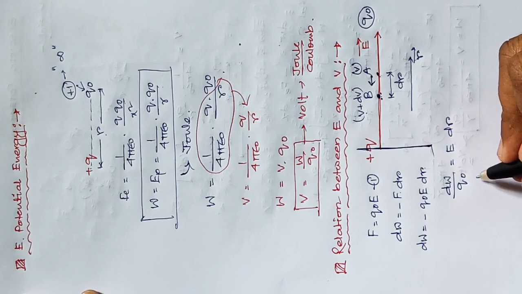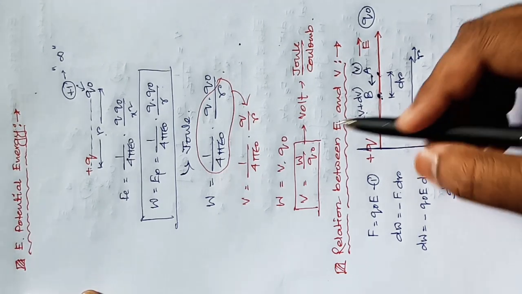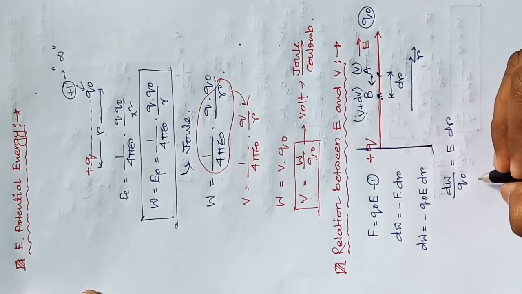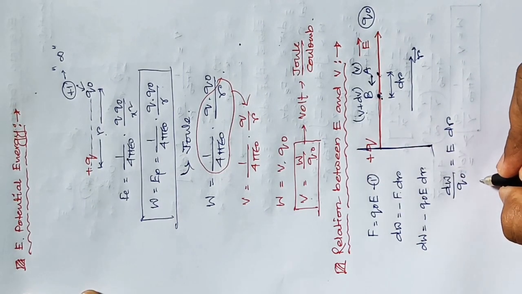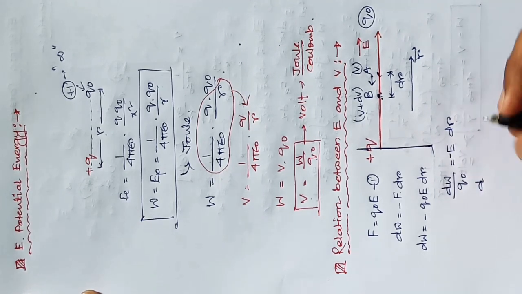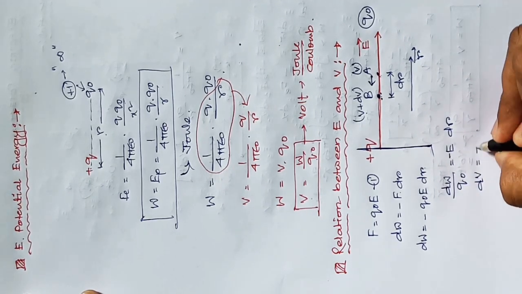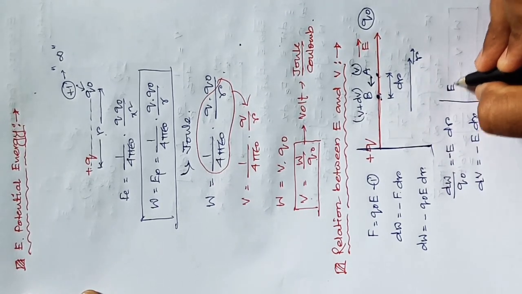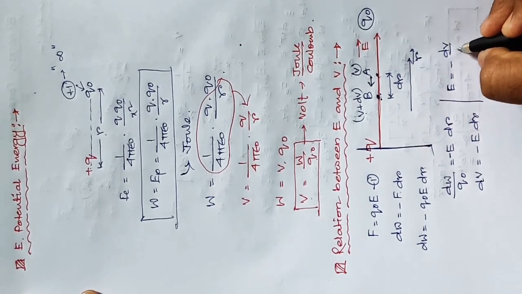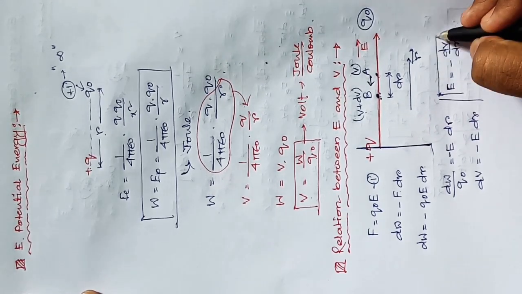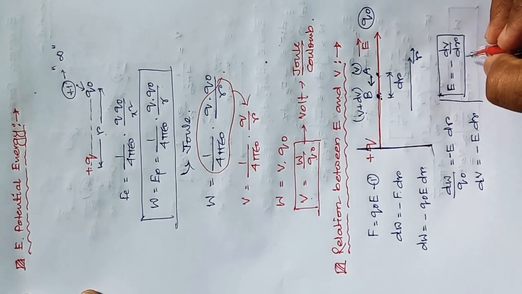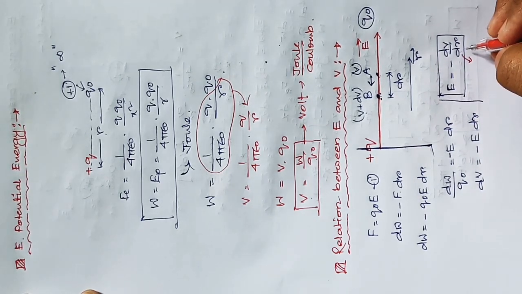dW by q naught, work done per unit charge, is nothing but the potential. So here obviously we will have dV, here the minus sign will be there, dV equals to minus E dr, or E equals to minus dV by dr. So dV by dr is nothing but the potential gradient.